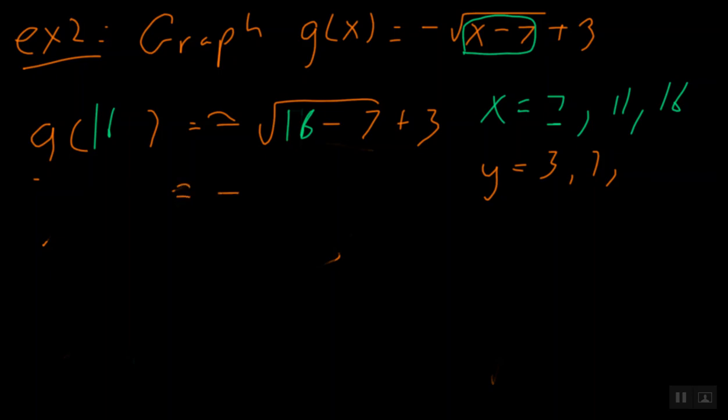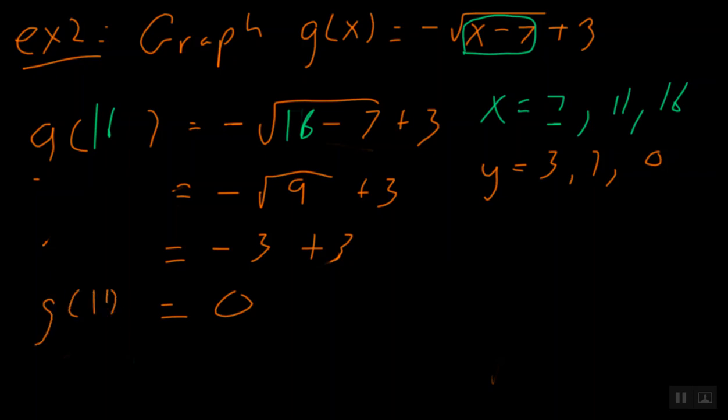I have negative, my apologies guys, I wrote a sloppy negative there last time. I have negative square root of 16 minus 7, which is 9, plus 3. The square root of 9 is 3, plus 3, and negative 3 plus 3 is 0. So my final output, my final y, is 0.